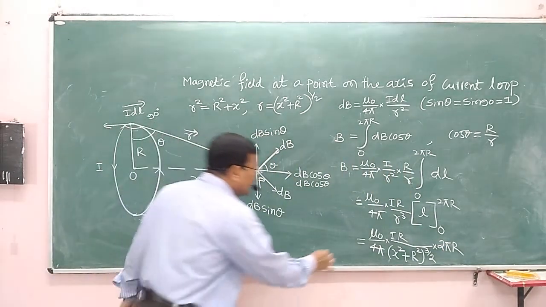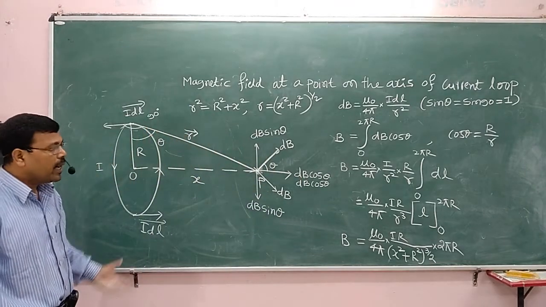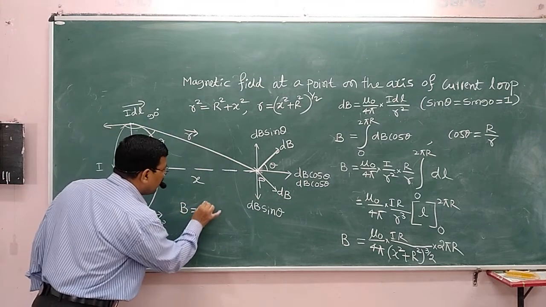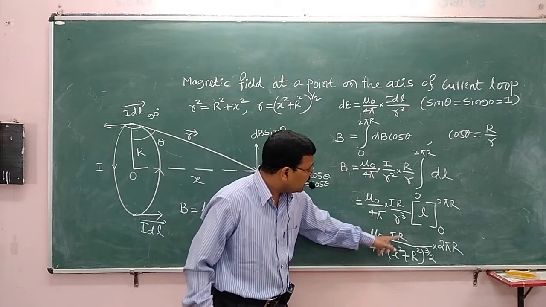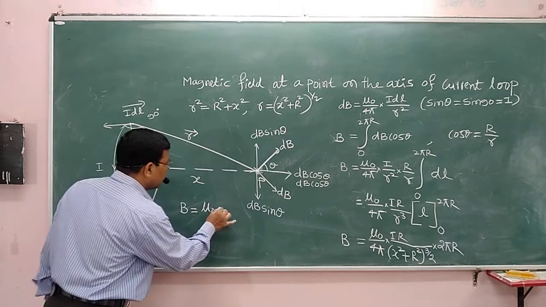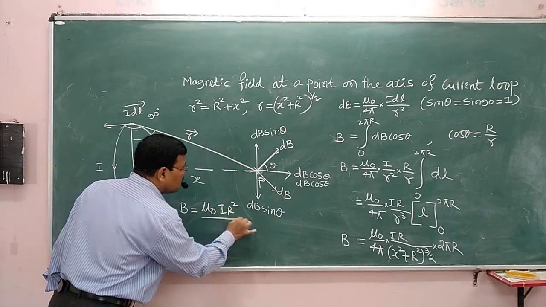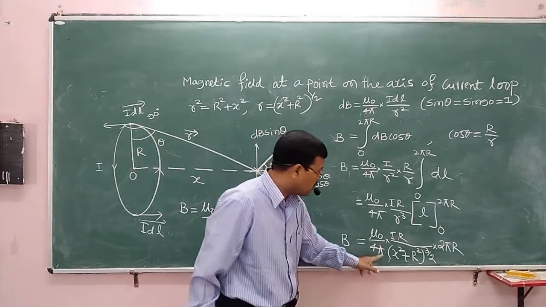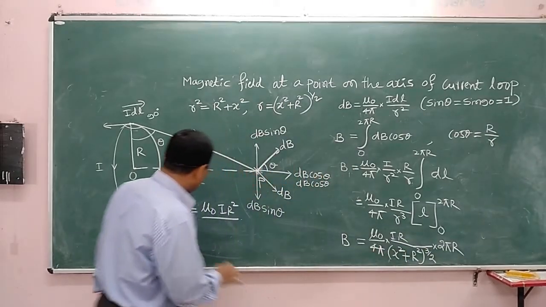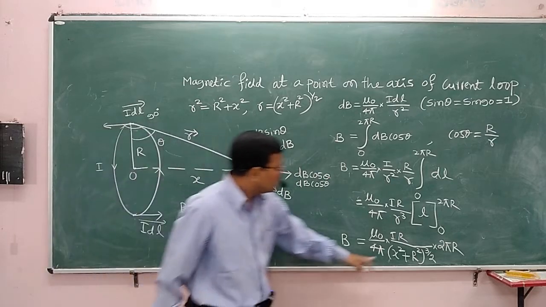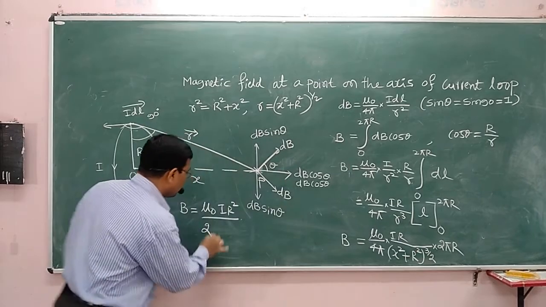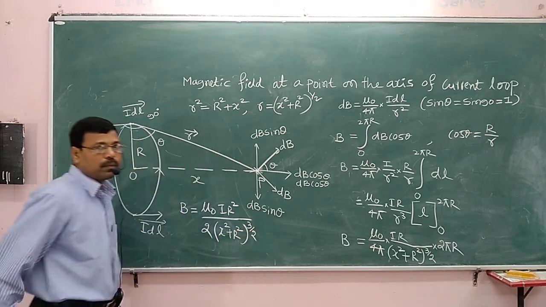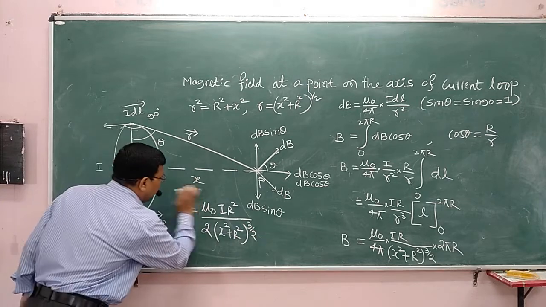So at the end, we are going to get B is equal to mu naught I r into r, I r square, divided by 4 pi, 2 pi cancels, 2 is left, and x square plus r square raised to 3 by 2. Right?